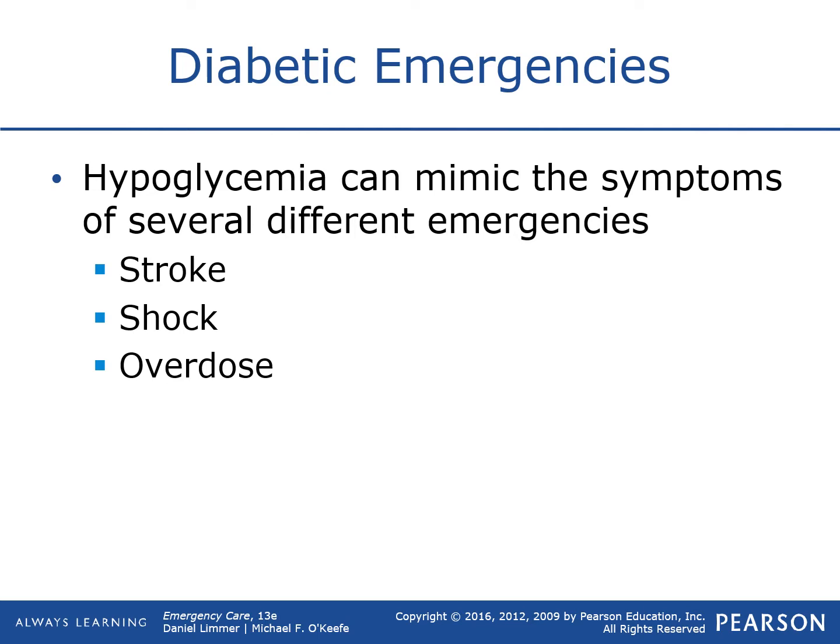And also overdose. A lot of patients we might think are overdosing on something, but really they're unconscious and presenting like this because they have hypoglycemia. So blood sugar levels is something that we need to assess on a lot of our patients, and especially any patient that has altered mentation, you should be taking a blood sugar level on to rule out hypoglycemia.